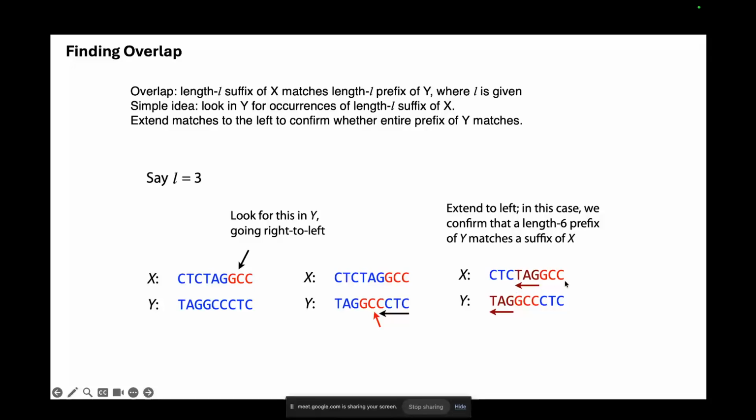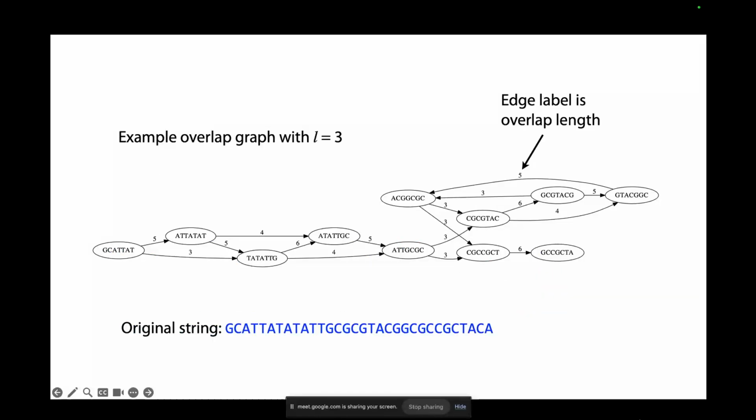Then there is a 6 base pair overlap of the suffix of x with the prefix of y. That is the common sequence, and then you have another sequence which is not overlapping. So like this, if you do it for multiple hundreds of reads, you can get a decent amount of DNA sequence directly from here.